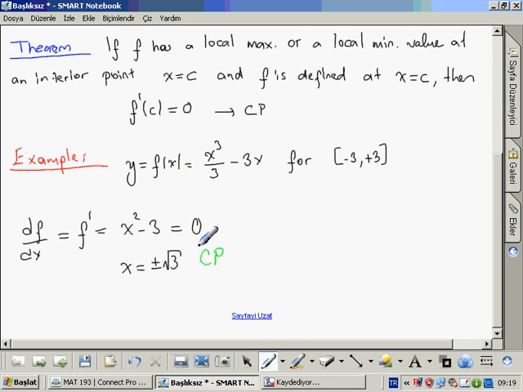And f of square root of 3, when you put this value into the function, you will obtain approximately minus 3.46, which is also minus 2 times square root of 3.